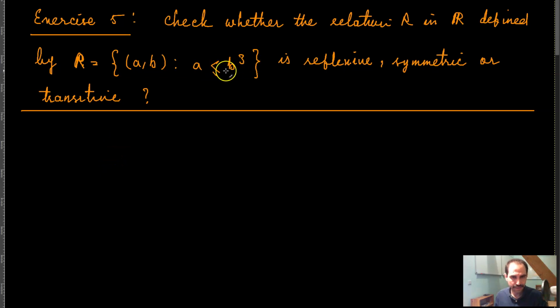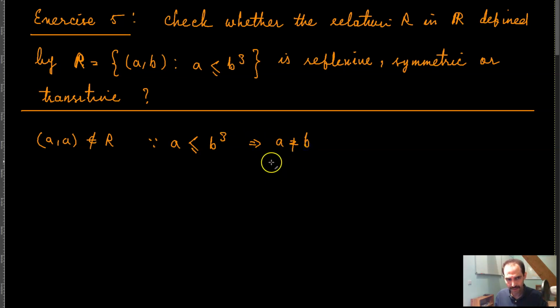That means that (a, a) cannot belong to R, well, simply because when a is less than or equal to b cubed, what that means is that a cannot be equal to b, right?